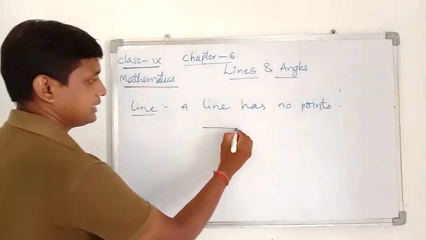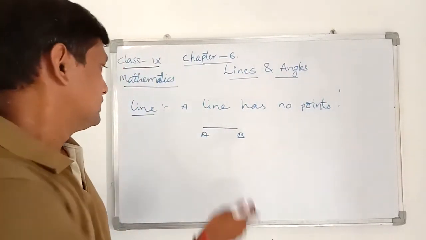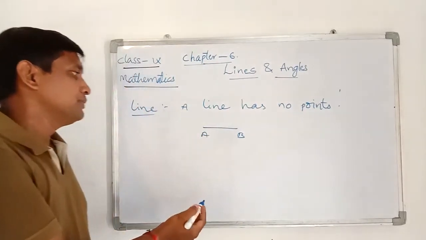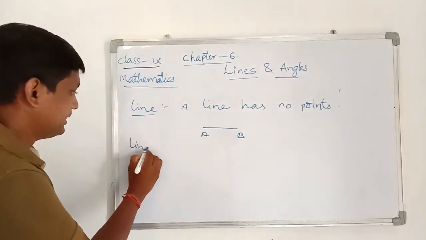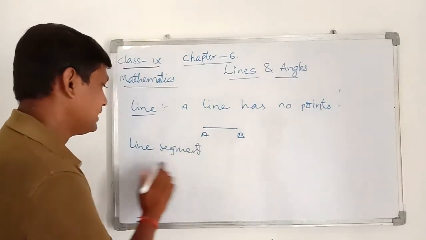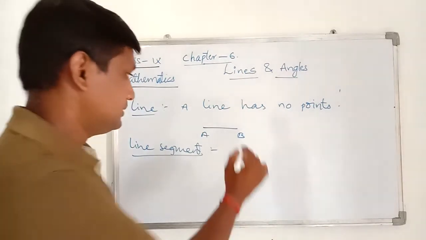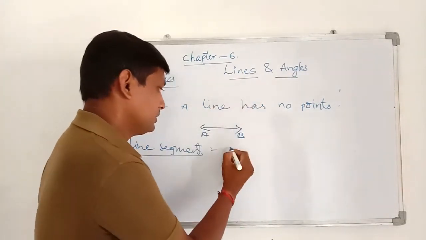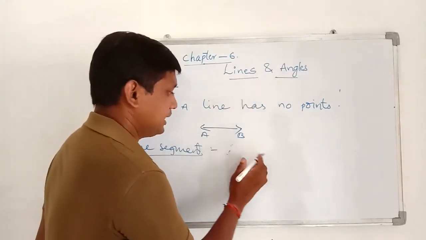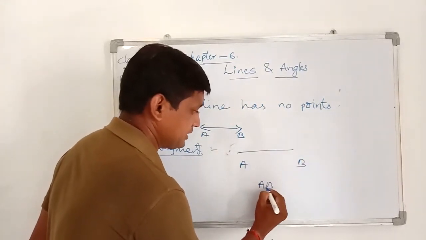Example, I am taking AB. This is the line that we are going to represent. The next is line segment. A line segment has two endpoints and it is a part of the line. Example, this is the line segment AB.